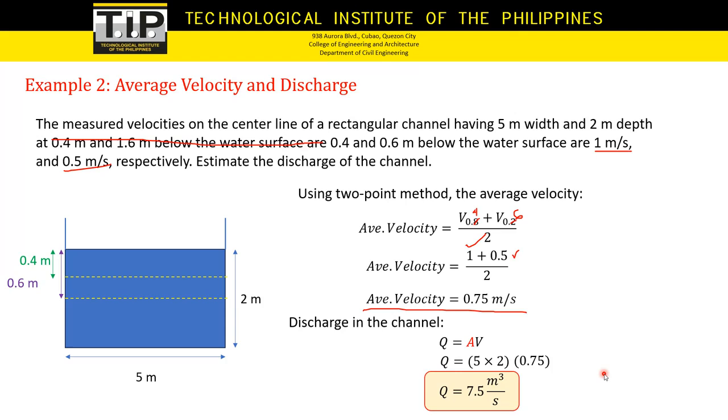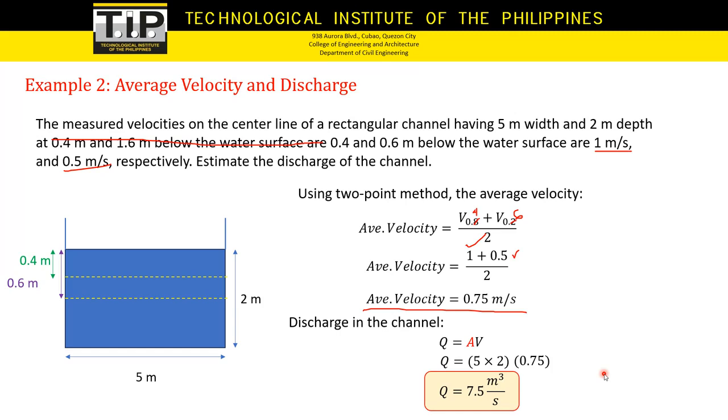So alam natin, from fluid mechanics, na yung velocity profile ng ating liquids is not uniform per depth. So yung nasa taas medyo mabilis yung flow or velocity, and then yung nasa ilalim medyo mahina.